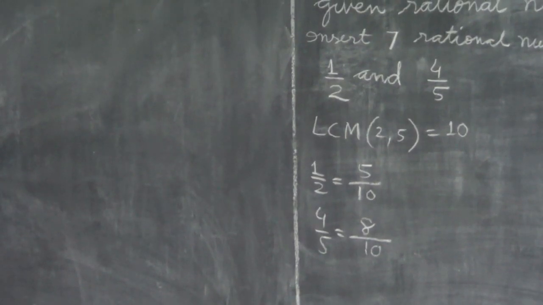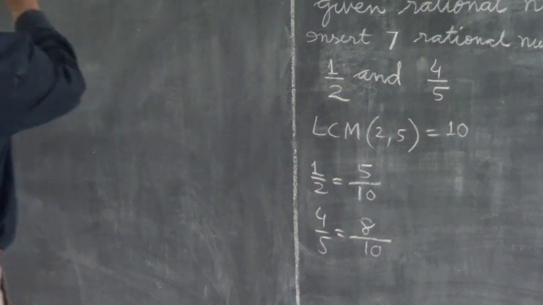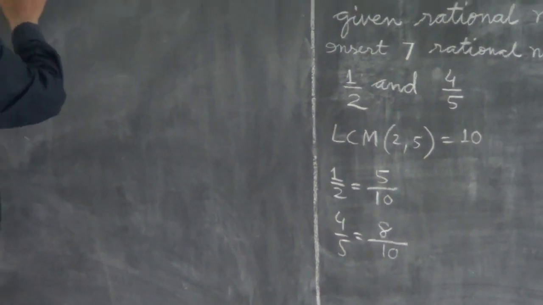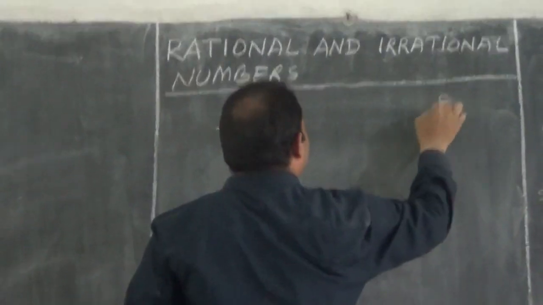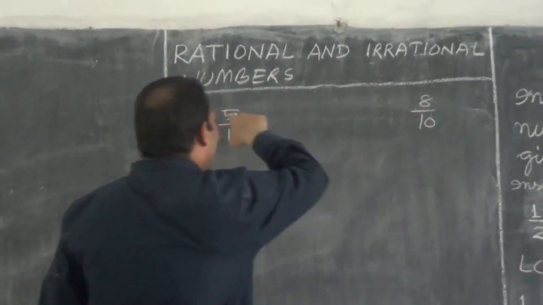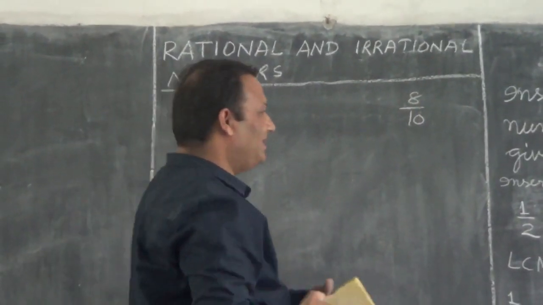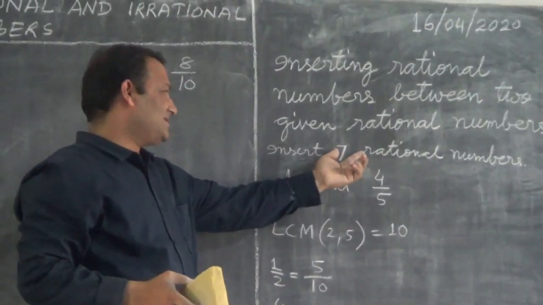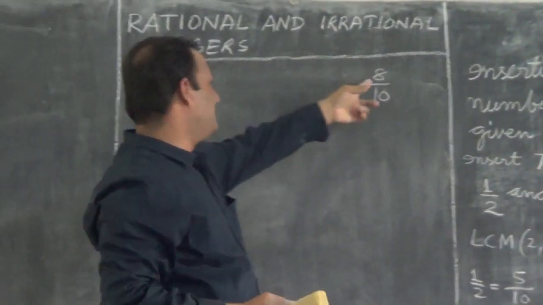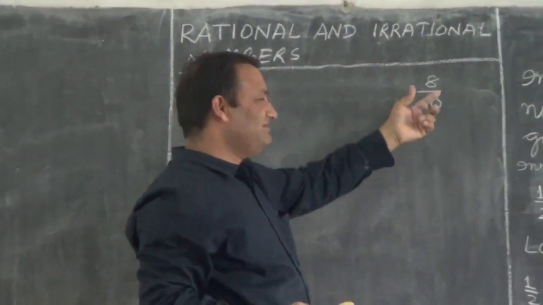Now the denominators are the same, children. Here 5 by 10 and 8 by 10. Then you see whether you can get a sufficient number of rational numbers between the numerators 5 and 8.